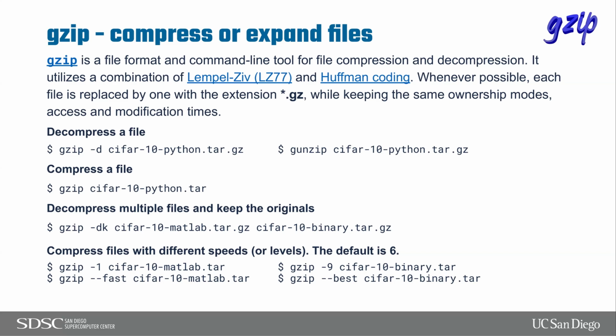If you want to decompress that file, you can run gzip -d, or there's usually an equivalent alias command like gunzip. For most compression tools there's a set of these alias tools, so if you prefer to run gunzip or gzip -d, it's the same thing. It just decompresses this file, right?